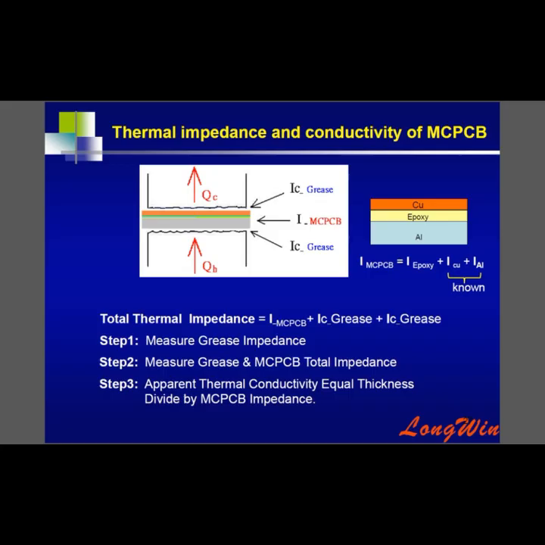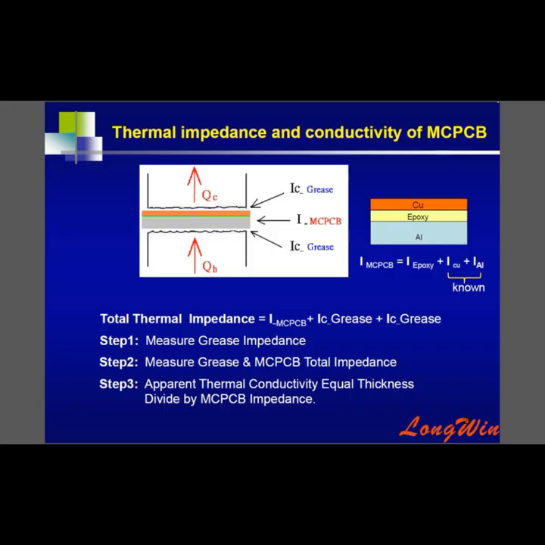We get the total thermal impedance and minus the thermal impedance of the thermal grease, we can get the thermal impedance of MCPCB. We can assume that we know the source of impedance from the MCPCB, including 3 layers. First is from the aluminum, second from the copper, and the third from the insulation layer.